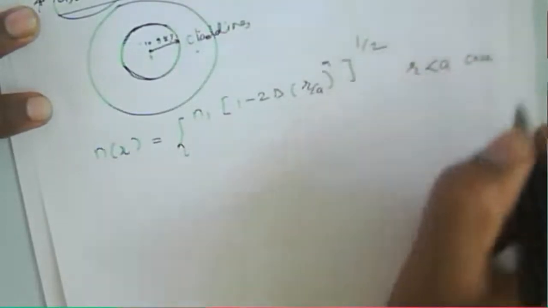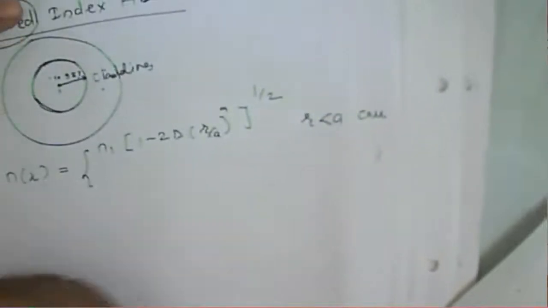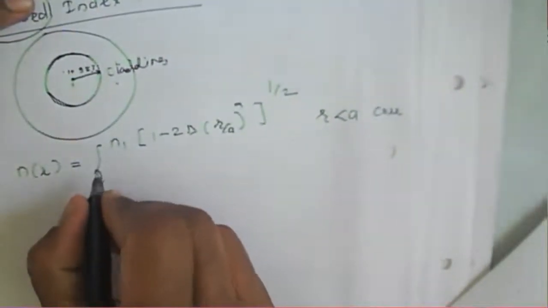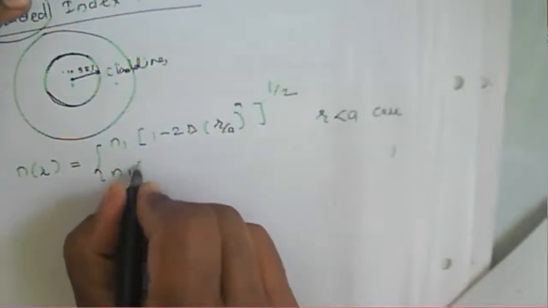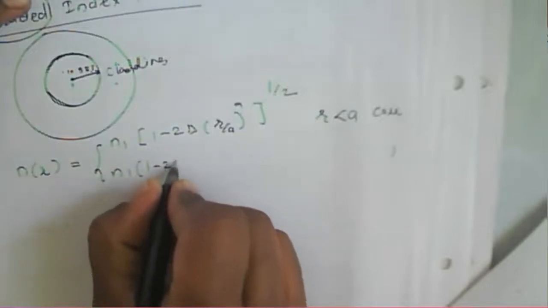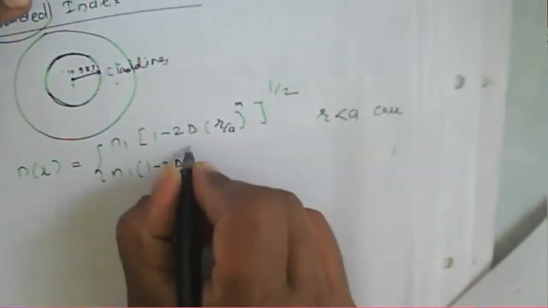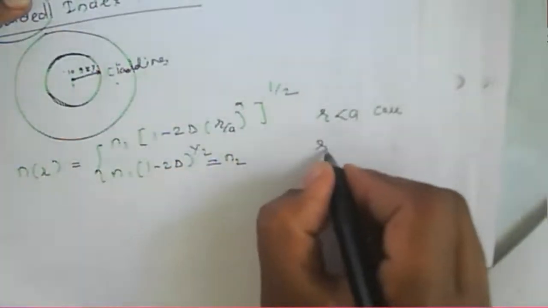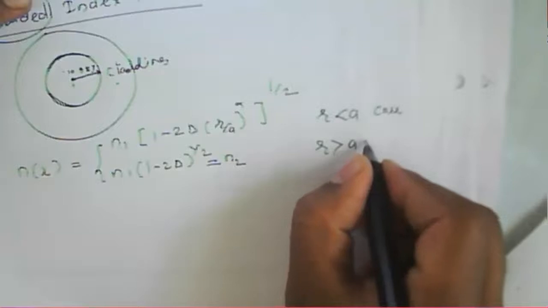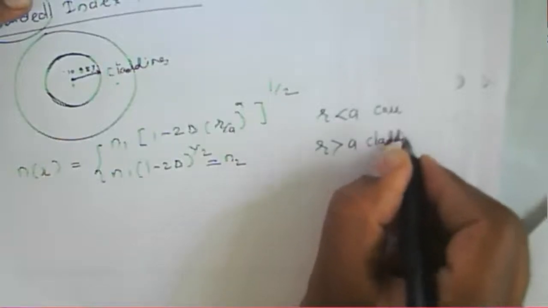That is the core. In the case of the cladding, it will be n1 times (1 minus 2 delta) raised to 1 by 2, which is equal to n2, when r is greater than a. That is the cladding.